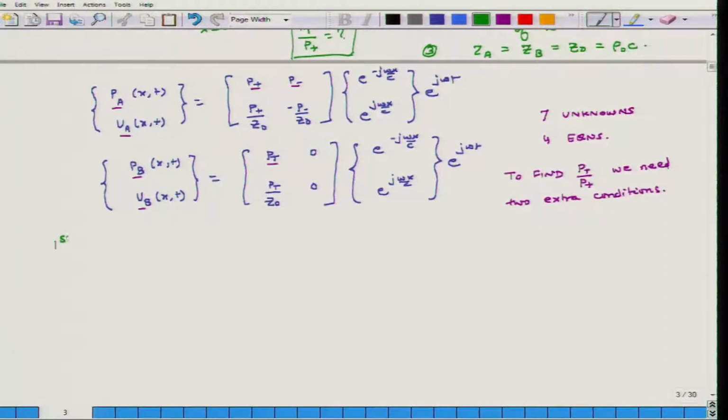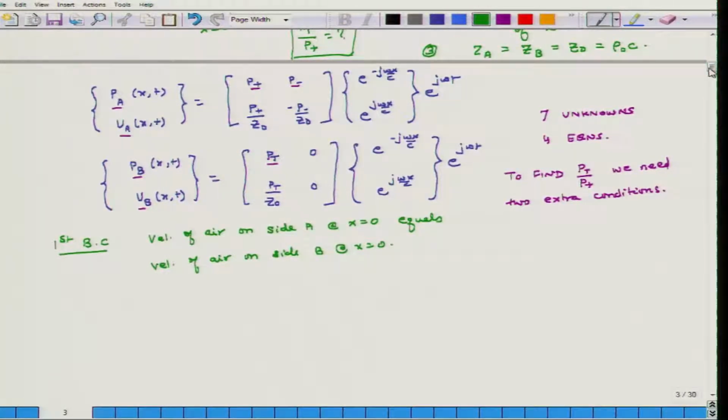So, the first boundary condition is velocity of air on side A at x is equal to 0 equals velocity of air on side B at x is equal to 0. Okay. This is the first boundary condition.